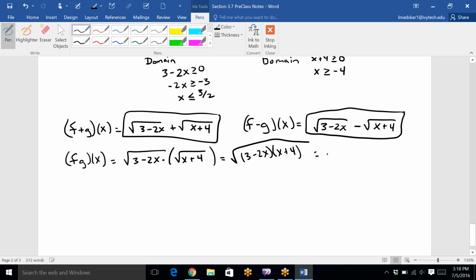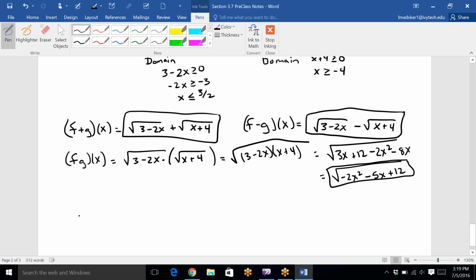So this would be, let's see, 3x plus 12, so I'm foiling this out, minus 2x squared minus 8x. So we combine like terms and reorder. That would be the simplified version of that. And yes, I know that says that's negative, but that doesn't mean the value comes out negative for the whole radical. So there's nothing wrong with that.